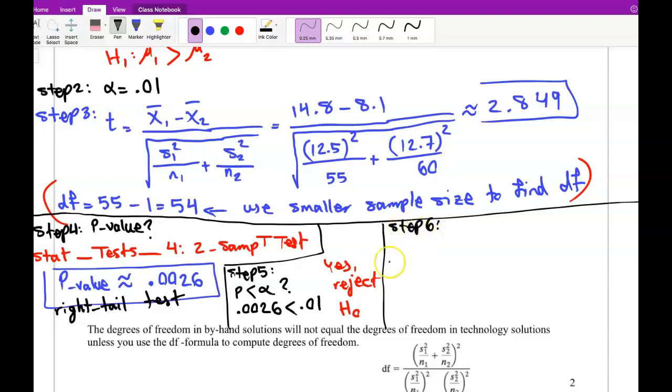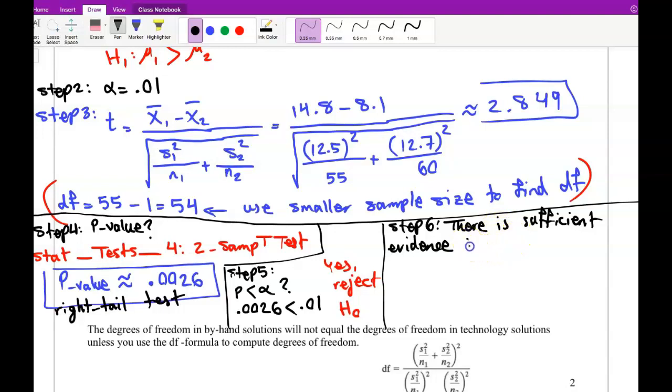State the conclusion based on what we got here in step 5. Since we are rejecting the null hypothesis, what that means is there is sufficient evidence to conclude the improvement in the treatment group was greater than the control group.